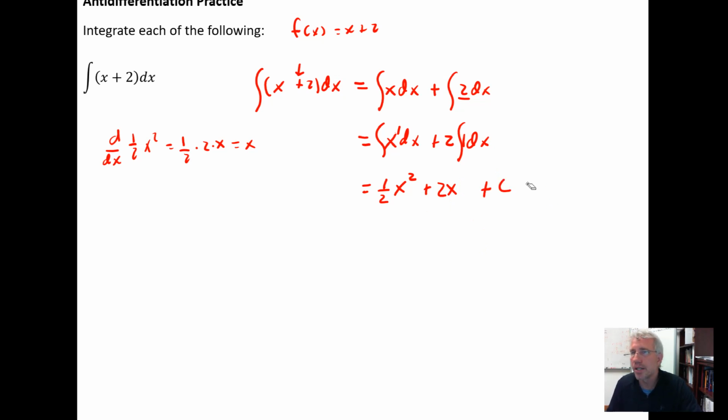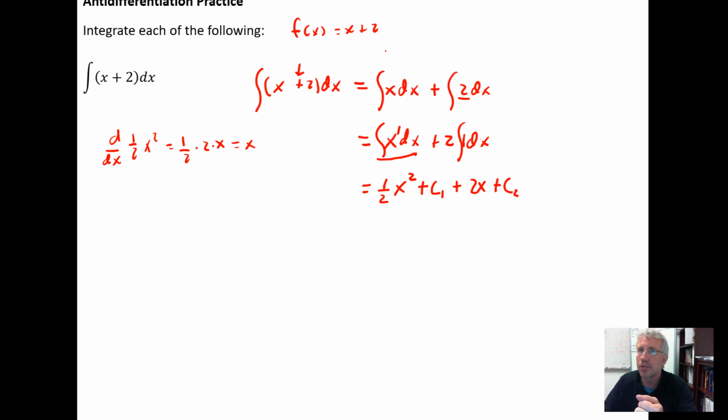So one thing to recognize is that with each integration you get a constant of integration. So I'm really getting plus a first constant of integration, plus 2 times an antiderivative of 1 dx. Well, an antiderivative is x, and we get plus a second constant of integration.